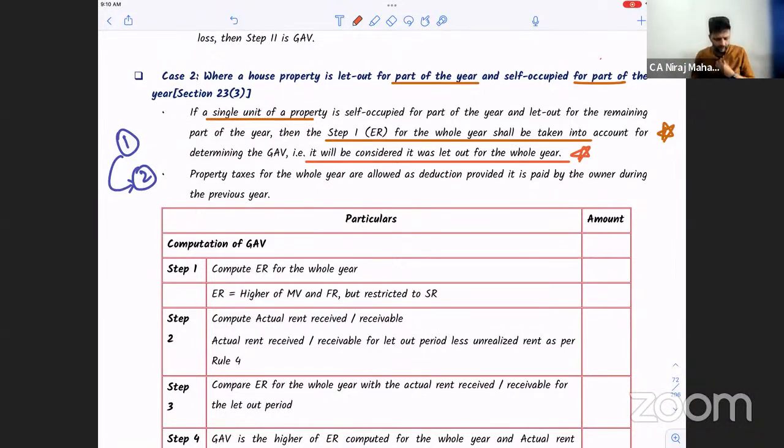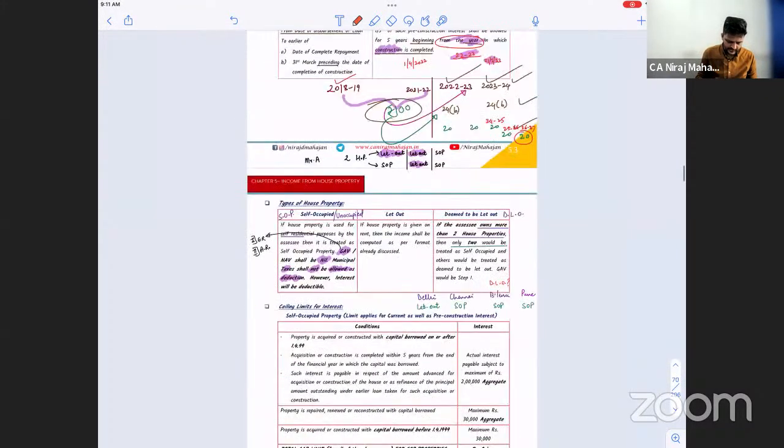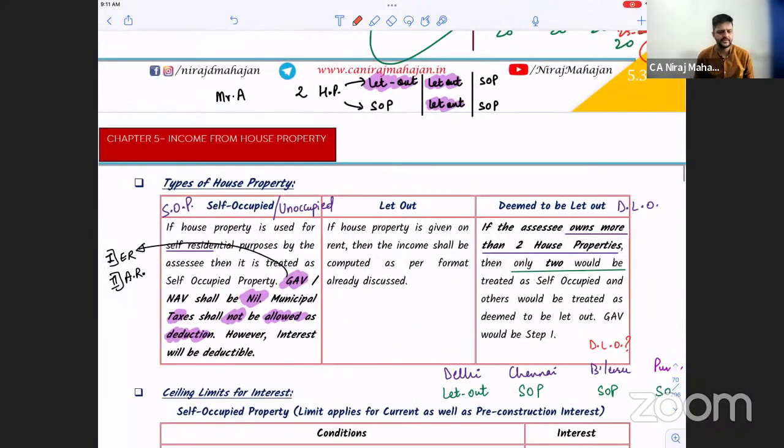Expected rent, step number 1, for the entire year. Another part. Now, pay attention. I'll again come back to the basics. 5.4, types of house property: SOP, let out and deemed to be let out. Self-occupied property, or we can say unoccupied also: GAV is nil.